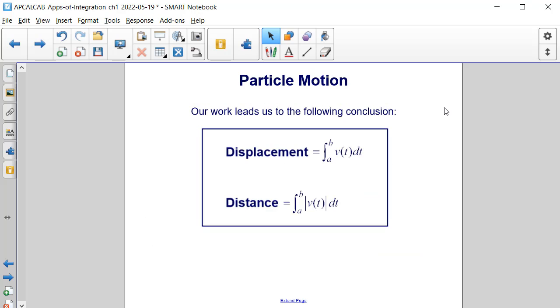And the work that we just did leads us to the following conclusions. The displacement of an object is found by integrating from a to b the velocity function with respect to time. Whereas the distance is equal to the integral from a to b of the absolute value of v of t, or the absolute value of velocity with respect to time.